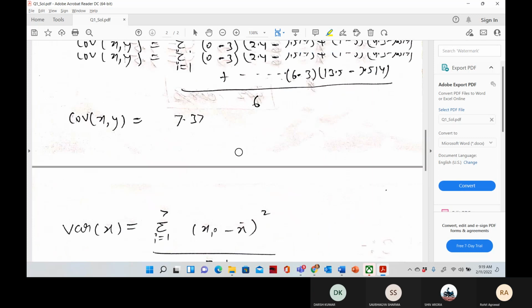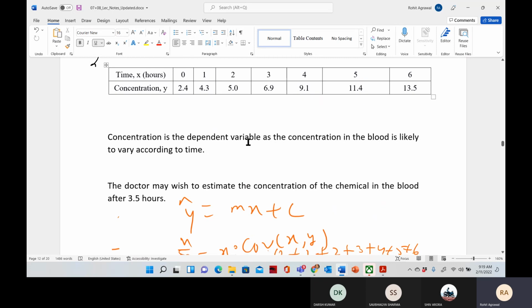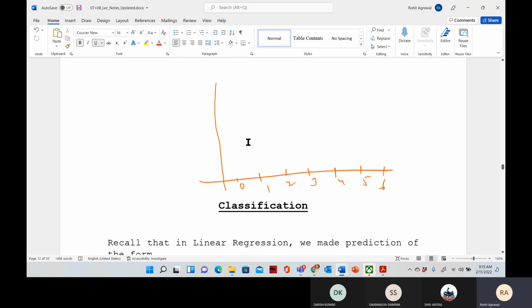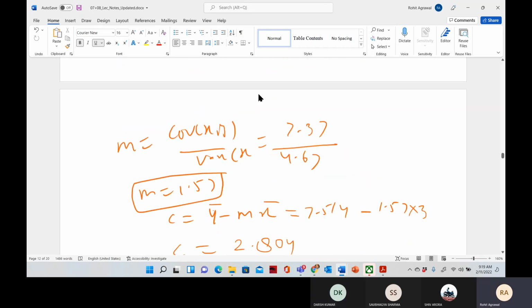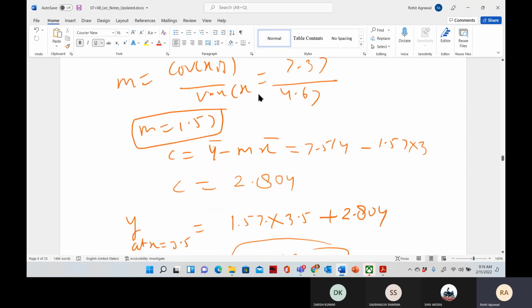Just check. क्या थी y values? 2.4, 4.3. It might be 2.4, 4.3, this is 3, this is 4. उसके बाद I think 5 है ना? Yes. 5 है. ठीक है. Okay, after that it is 6.9, 9.1.